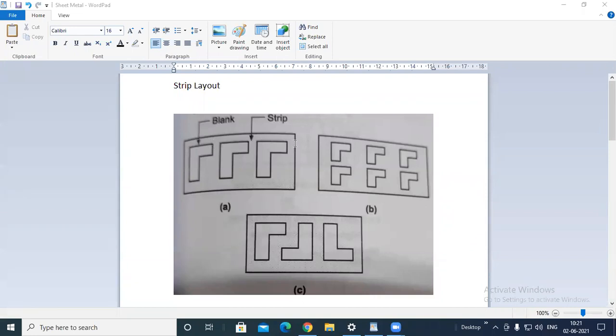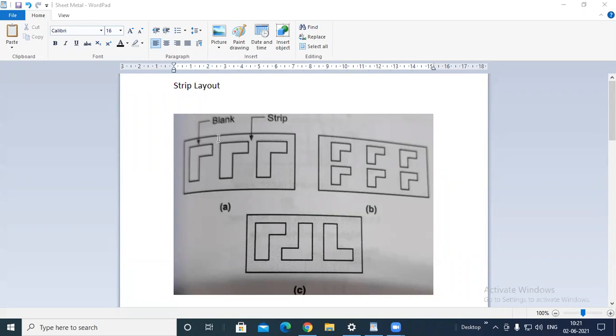And one more important factor in strip layout design is that the best layout is not always the one with best utilization of material. Why? Because if the layout requires complex construction of the die, then it will be costly and difficult to manufacture.